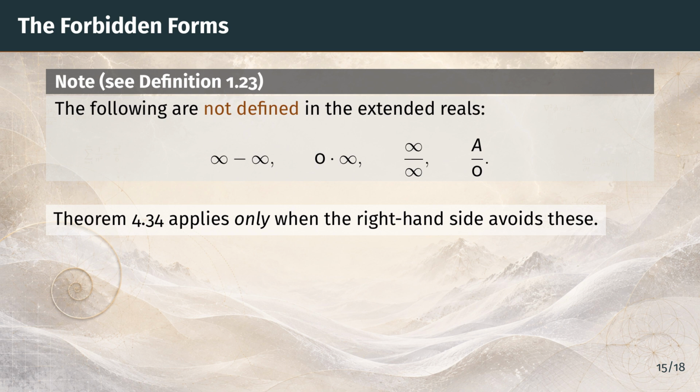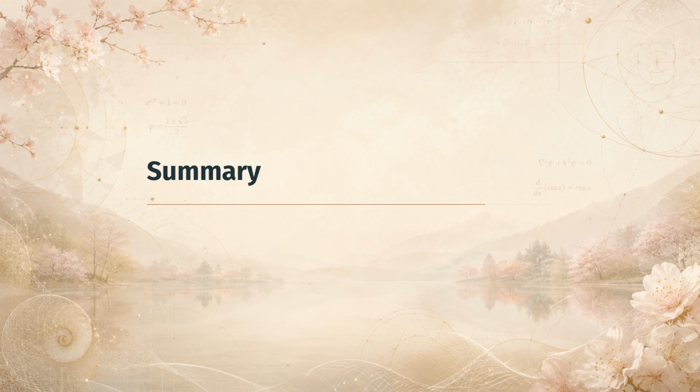The sum, product, or quotient rule holds only when the resulting right-hand side is one of the defined expressions. If you land on one of these four forbidden forms, the theorem says nothing, and indeed the limit can genuinely fail to exist or take different values. These are the classic indeterminate forms you will meet again and again.